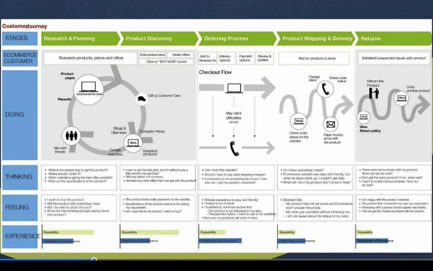Many times organizations only look from that inside out perspective, and they're losing some really valuable opportunities by doing that. So it's very important to gain that customer perspective to have a more customer-centric and valuable experience.